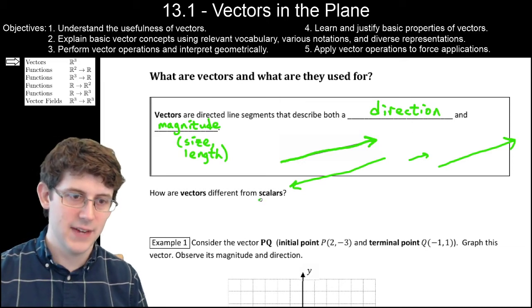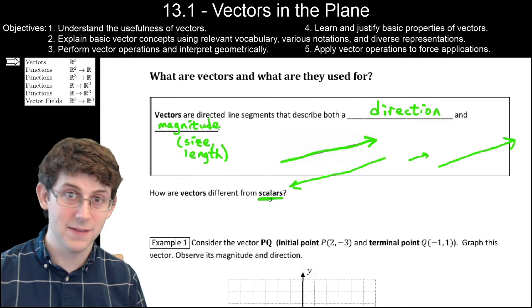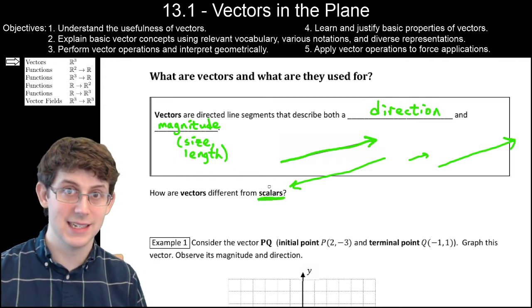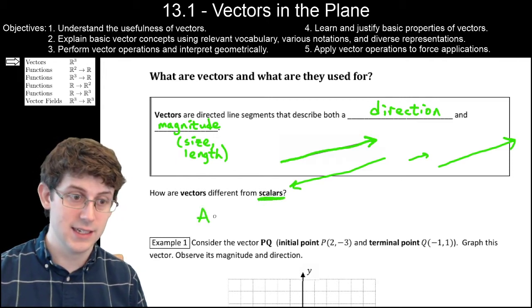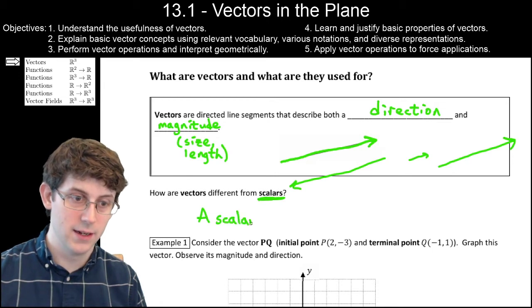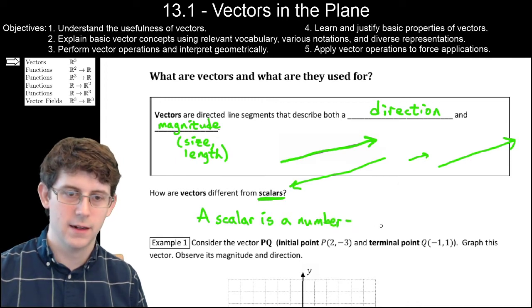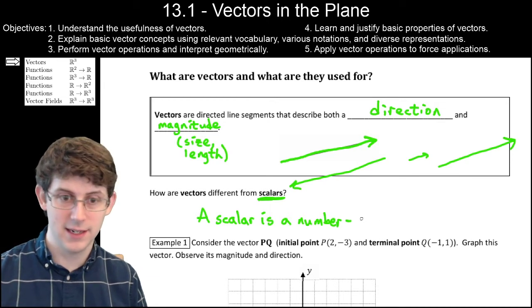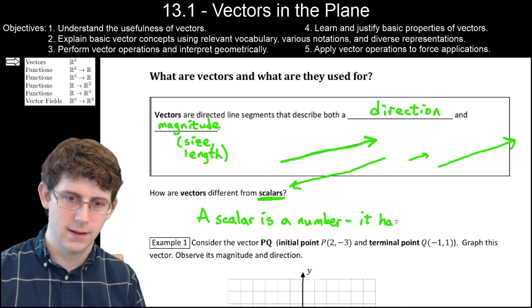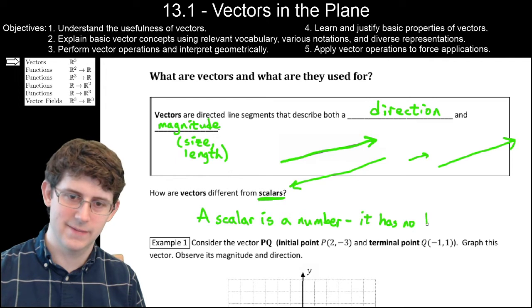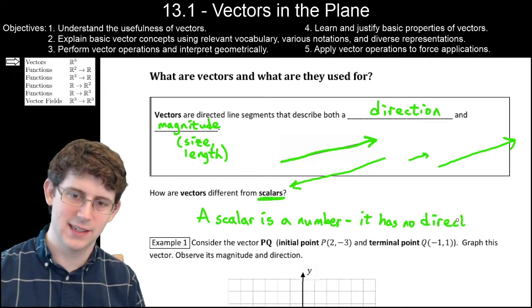The opposite of a vector, the object that you've used most often in math classes before this one, is a scalar. A scalar is a number. Like 6 or 10. 10 doesn't have a direction. It's just got a size.